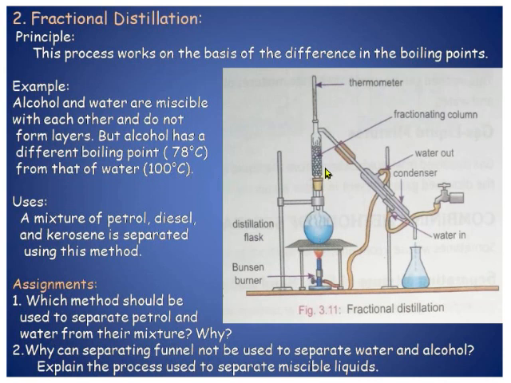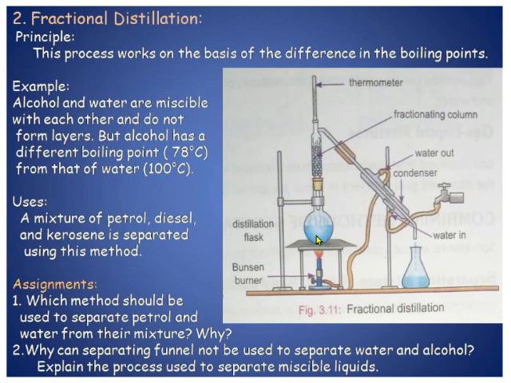Now, what is the use of the fractionating column? This column is used because we know that there are several other factors which enable water to get evaporated, not only the temperature. The other factors are humidity, surface area and others.